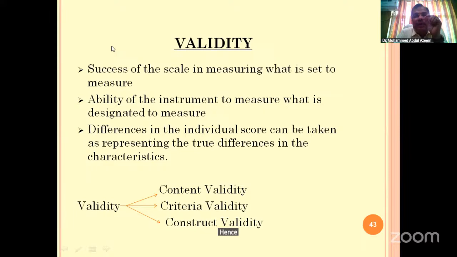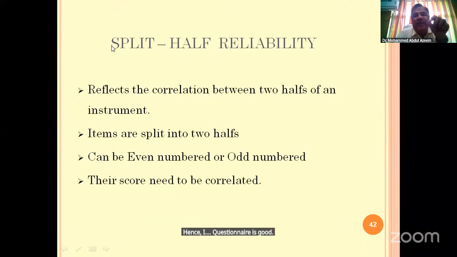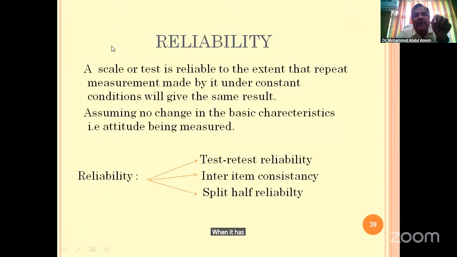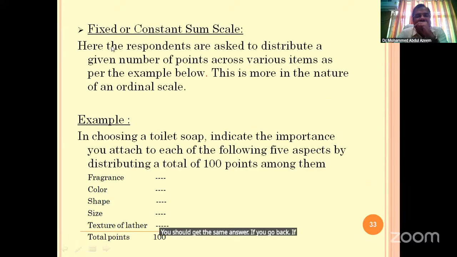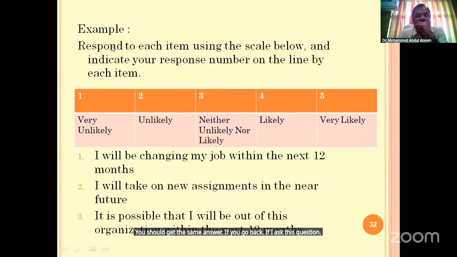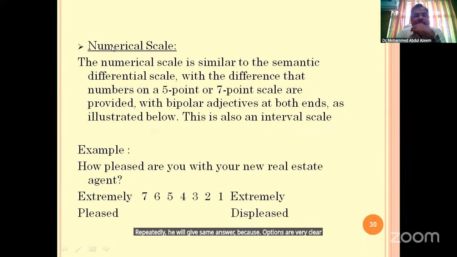Hence, a questionnaire is good when it has reliability and validity. Reliability is, repeated question you ask, you should get the same answer. If I ask this question repeatedly, he will give the same answer because options are very clear. How pleased you are with your real estate agent?